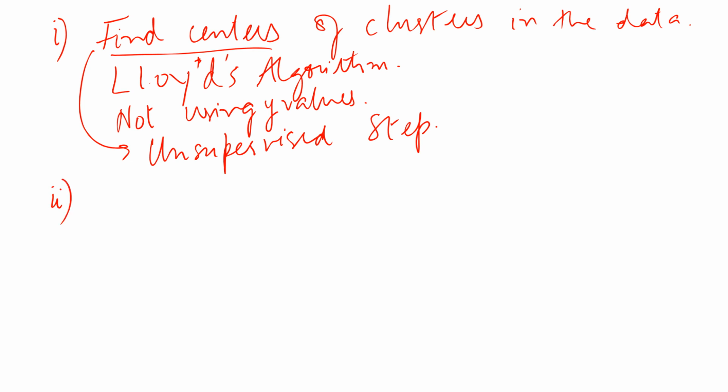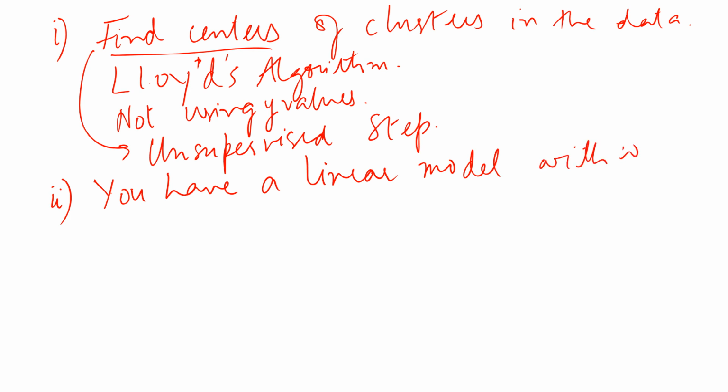The second point is that finally you have a linear model once you have decided these centers. It is linear in these W's, the weights that you're going to come up with, and of course you have similarity features.